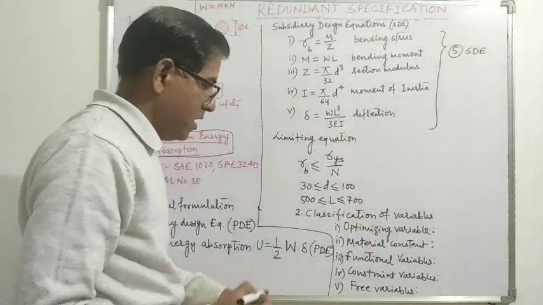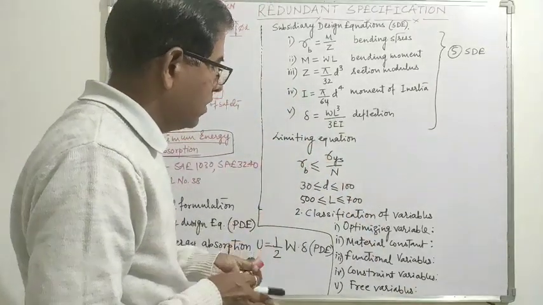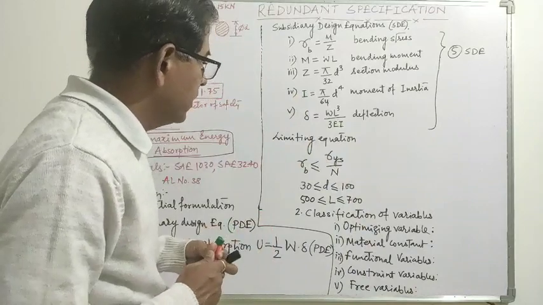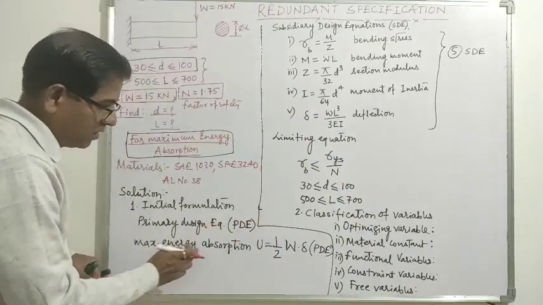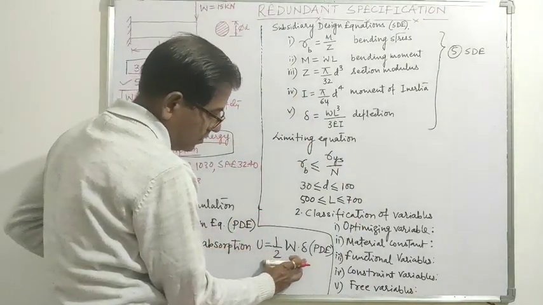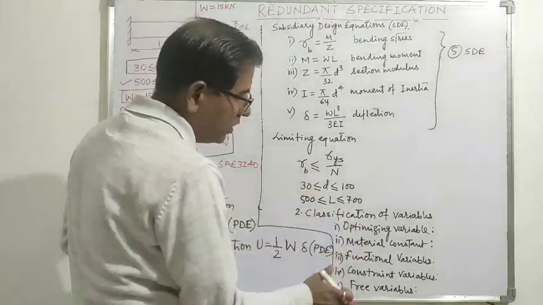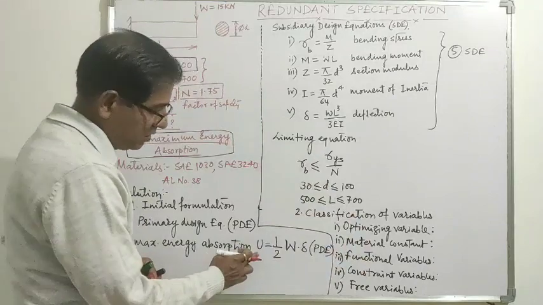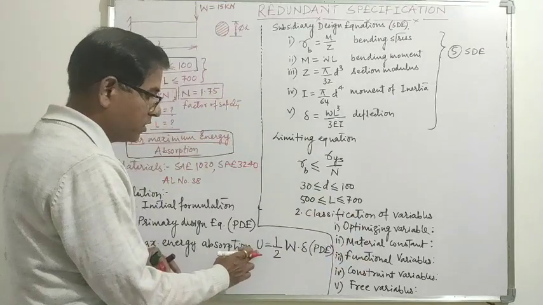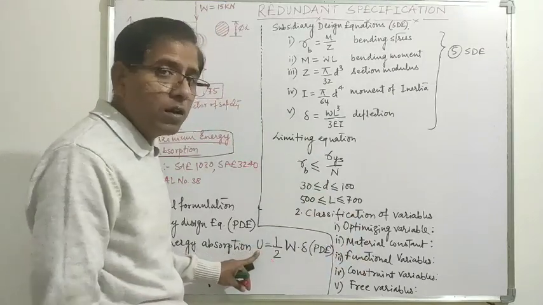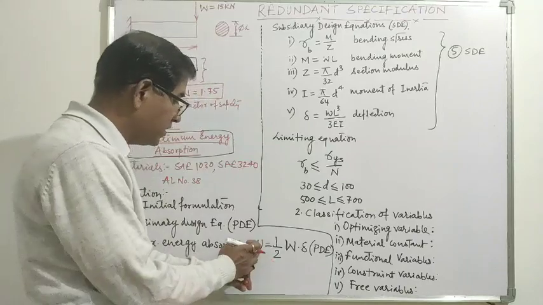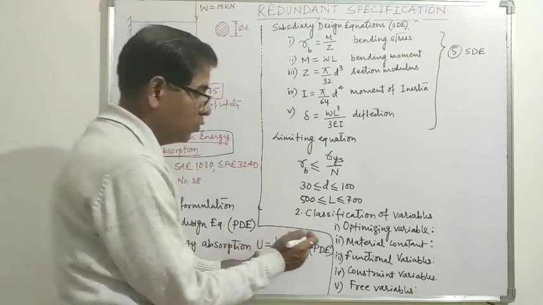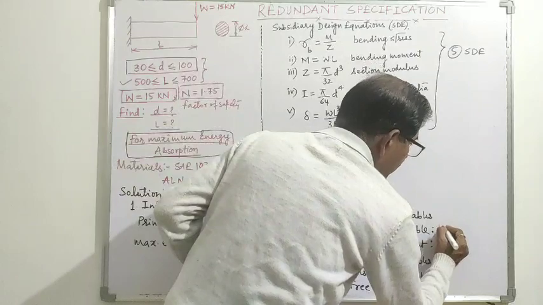Now we start categorizing the variables into these 5 categories. We start with the primary design equation, that is U, energy absorption. So this U is our optimizing parameter.